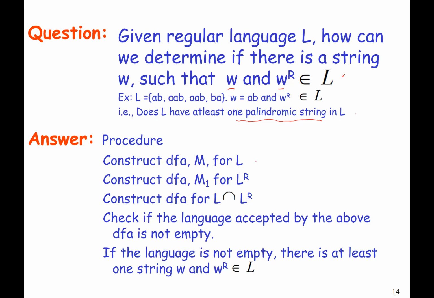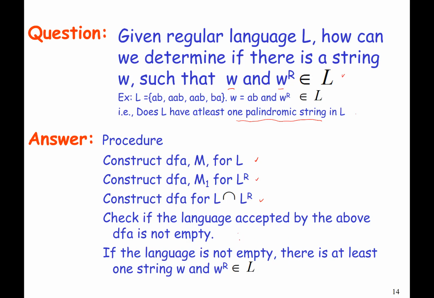So our procedure would be to construct a DFA as before for the language L. We know how to construct the DFA for LR, the reverse of the language. And then we can construct a DFA for L intersection LR, and then check if the DFA accepts the empty set.